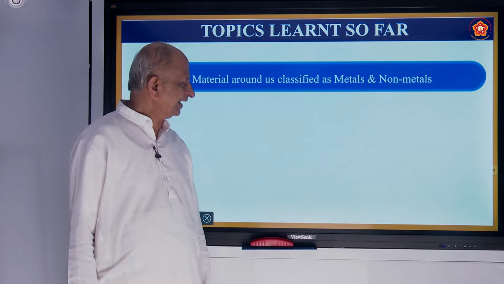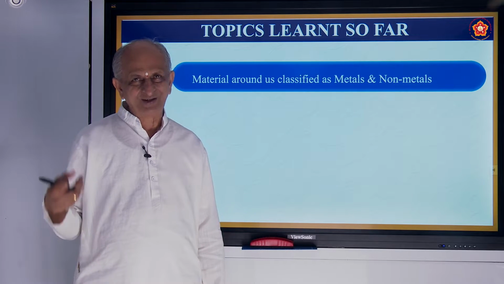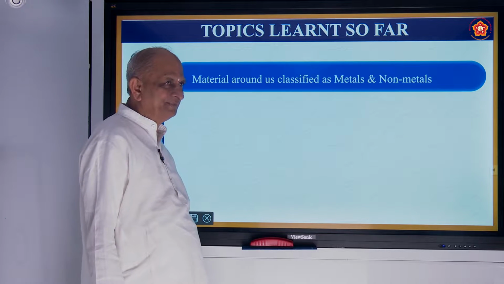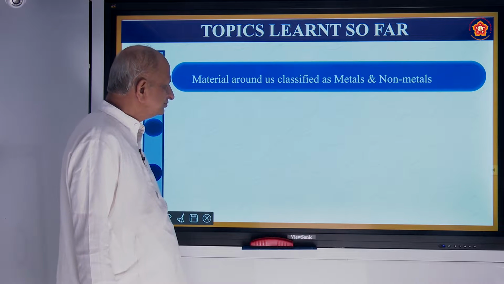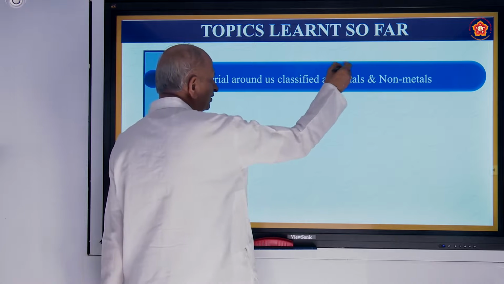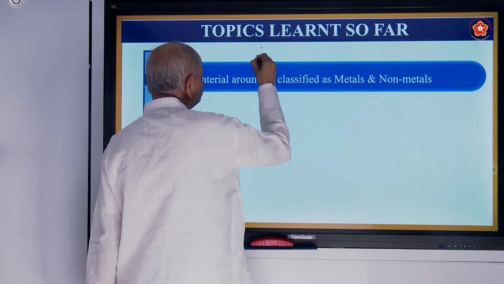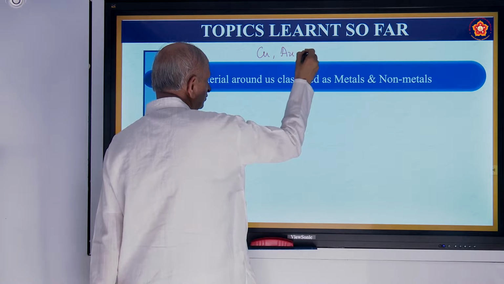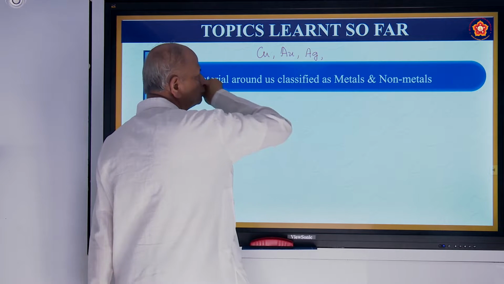Materials around us are classified as metals and non-metals, and there is one more called metalloids like germanium, silicon, etc. So, can you name some metals you see in daily life? You have copper, gold, silver, is it not?